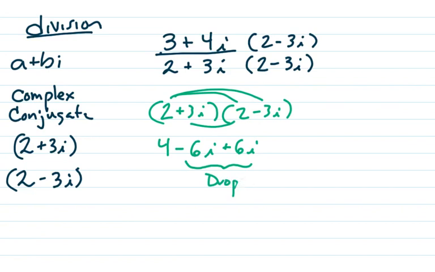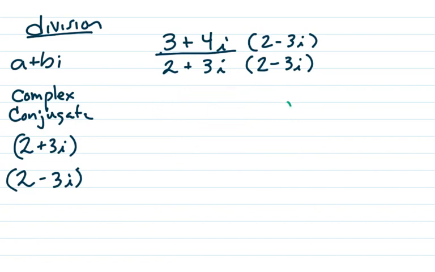Because the last term here, negative 9i squared, well, i squared is negative 1, so this is actually going to be a positive 9. So it's going to be 4 plus 9, which is 13. So in the bottom we have 13.